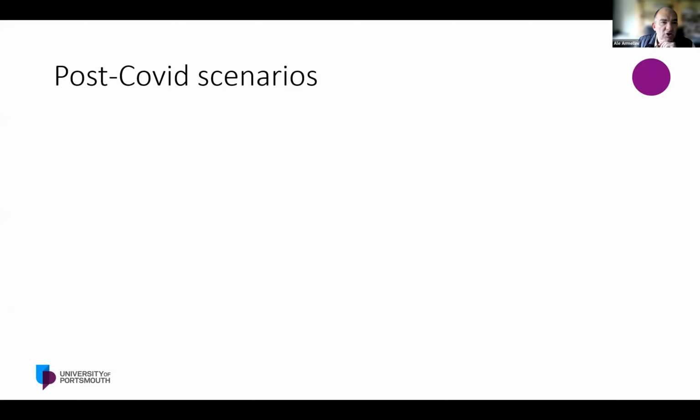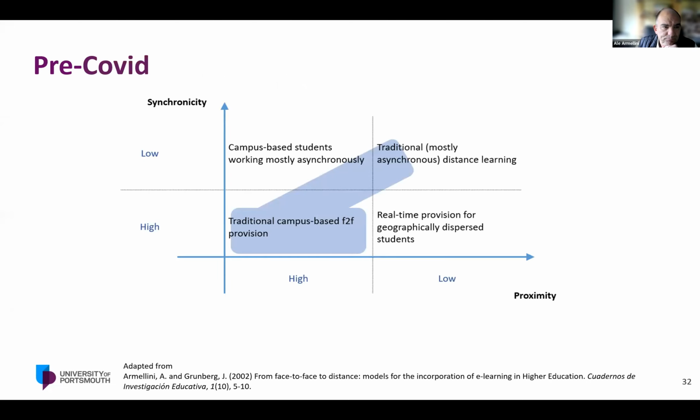To conclude, colleagues, a few post-COVID scenarios to consider. If you look at what was happening before, and you look at two axes, synchronicity and proximity, by which I mean physical proximity, you've got low and high in each case.